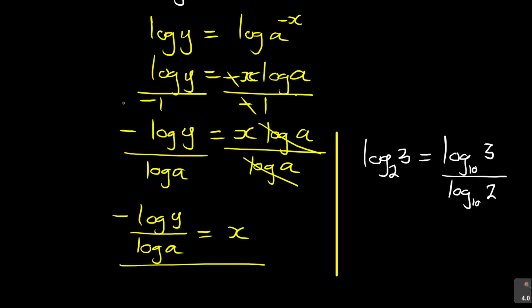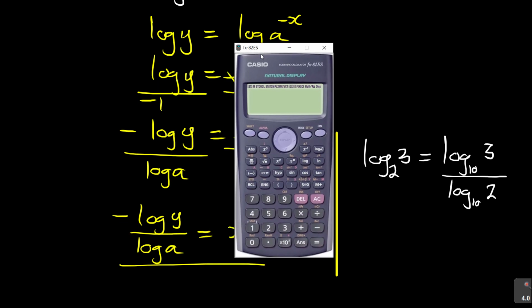Just test this so that you have an idea what I'm talking about. If I use my calculator to test, log base 2 of 3 is equal to 1.584. I can get it by saying log 3 over log base 10 of 2.